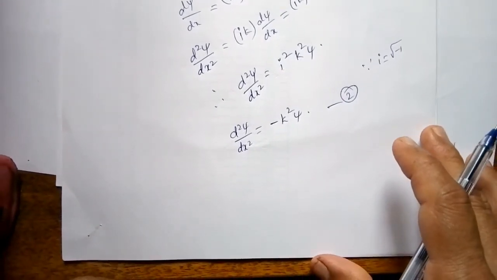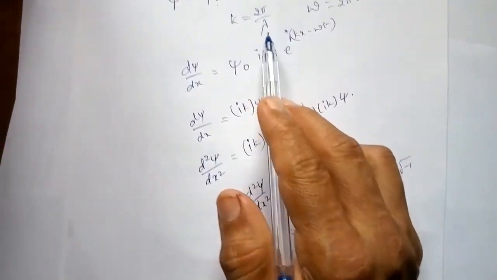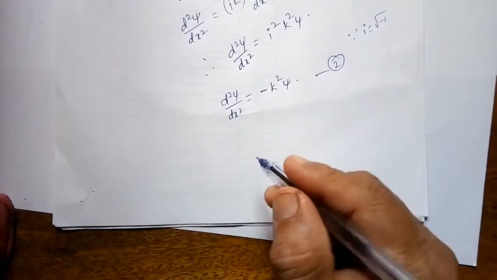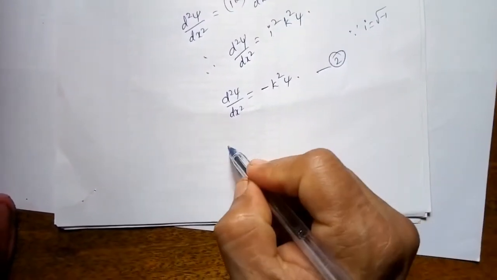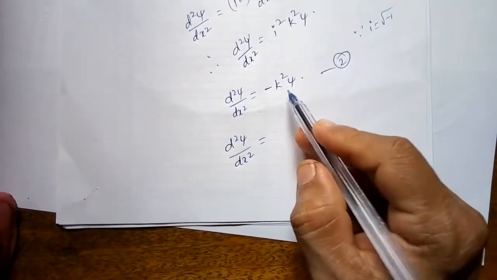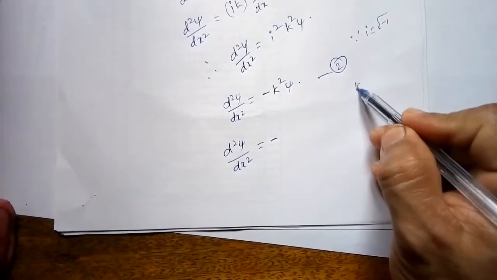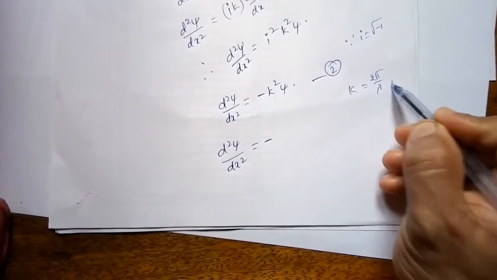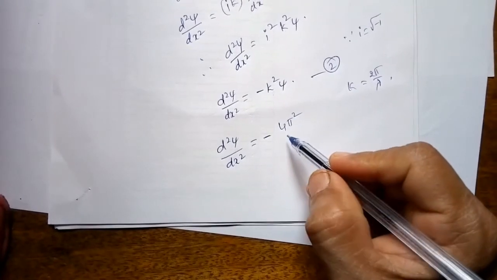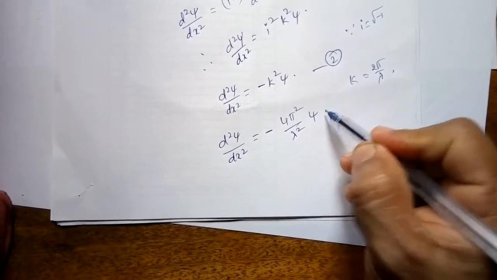Let us substitute the value of k in the above equation. Just a few minutes before we have seen the value of k, that is k is equal to 2 pi by lambda. Substituting in equation 2, we get d square psi by dx square is equal to minus k square psi, and k square becomes 4 pi square divided by lambda square, into psi.